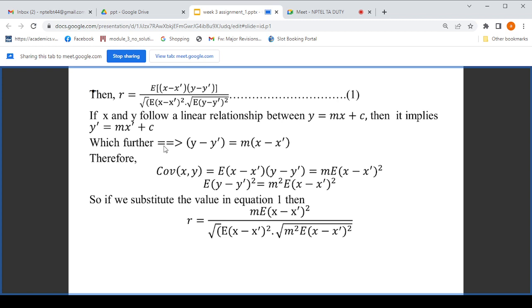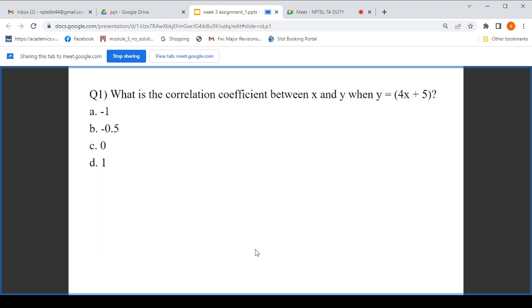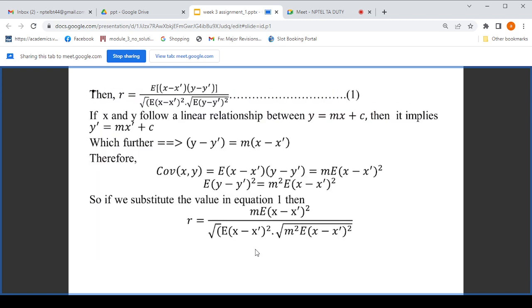So y minus y prime is equal to m times x minus x prime. We substitute the y minus y prime value with m times x minus x prime in the equation for r, and from there we get r equals 1.